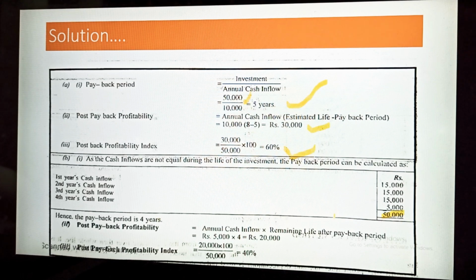Now I will discuss this post payback profitability. As I have told you, it is the annual cash inflow multiplied by the remaining life after the payback period. Remaining life will be estimated life minus payback period. So you can check here the remaining life after the payback period. Go back to the question.